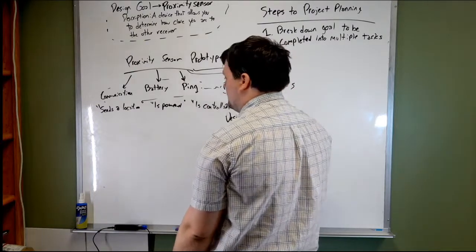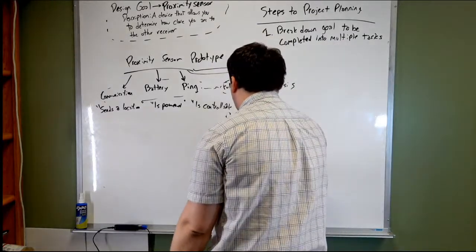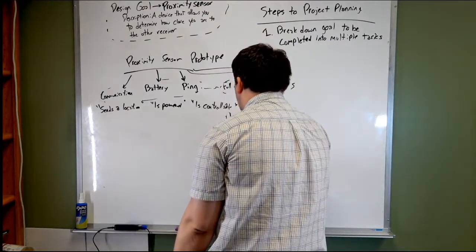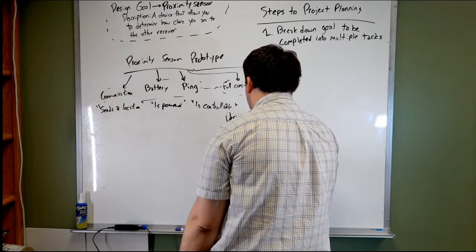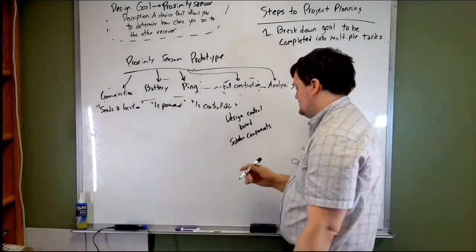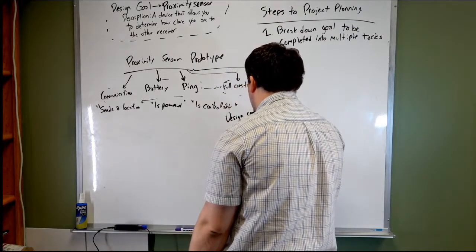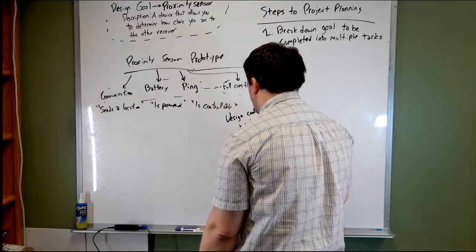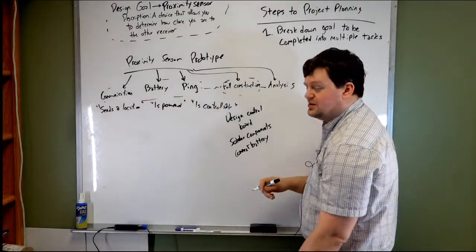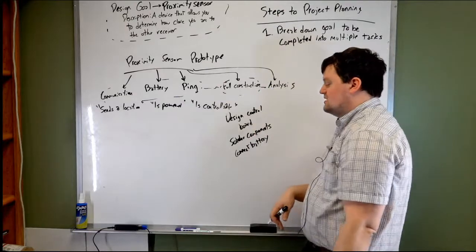Okay, that'll be one of the tasks associated with this, and they can be done independently. Solder components to the control board, that's another task that has to be done. Connect battery. That's another task that's going to have to be done. And all of these are individual tasks that are associated with this.